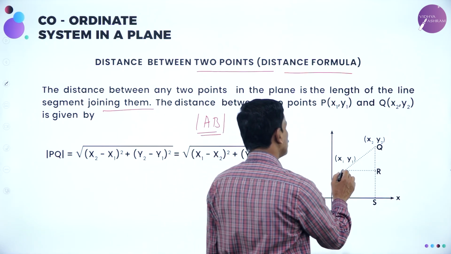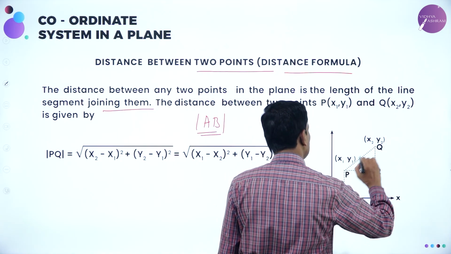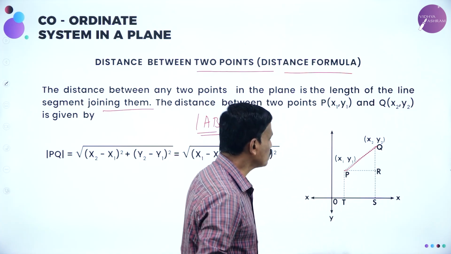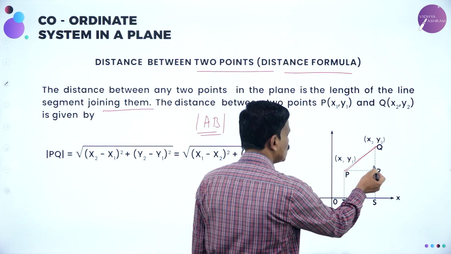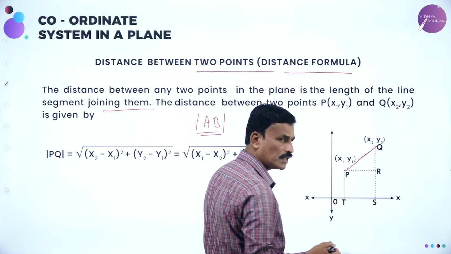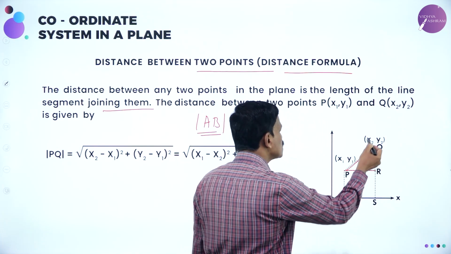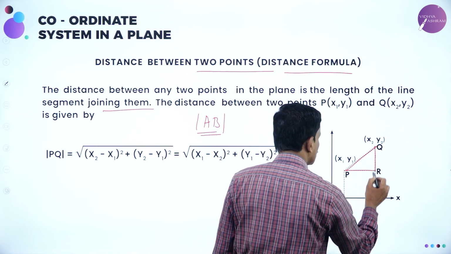Suppose these are the 2 points P(x1, y1) and Q(x2, y2), then the distance from P to Q is denoted PQ. Just draw perpendiculars: PT and QS are drawn perpendicular to the x-axis, and join PR. PR is drawn perpendicular to QS, so this is a right angle.